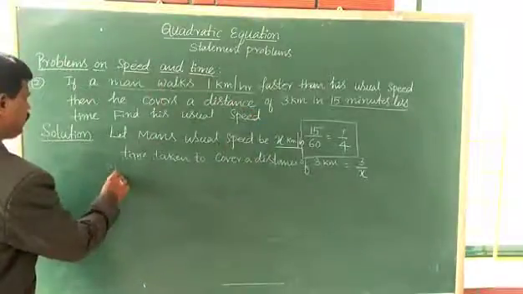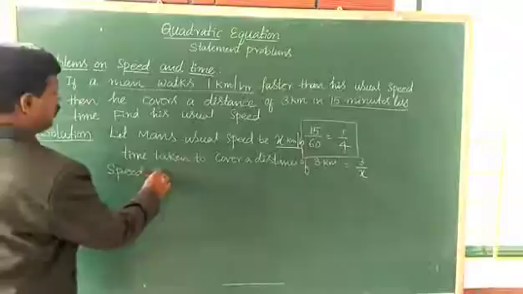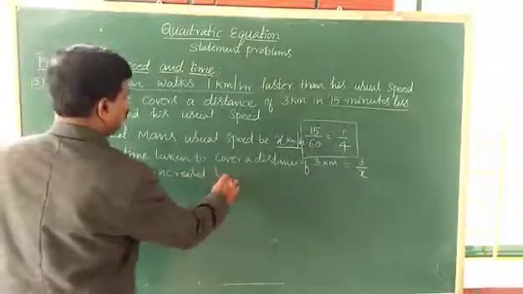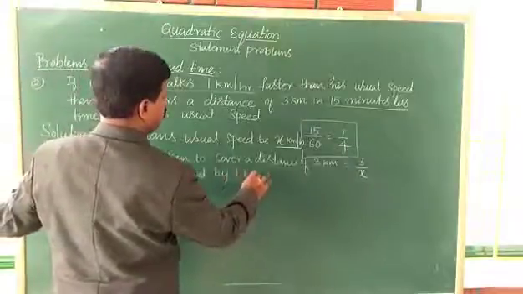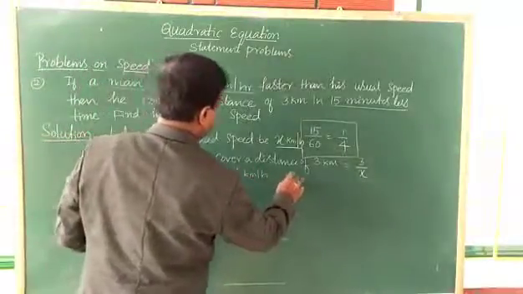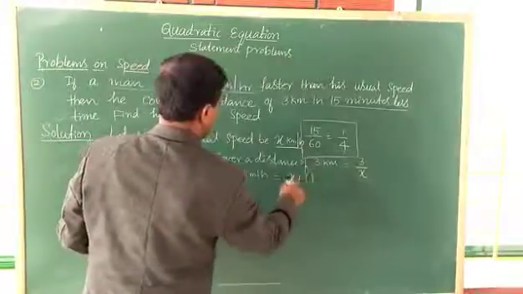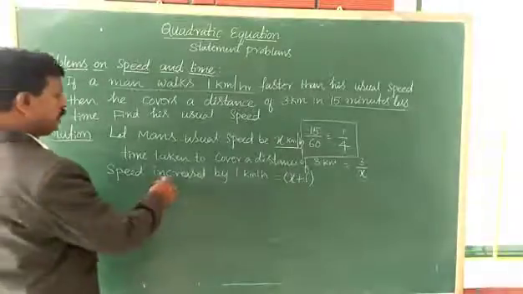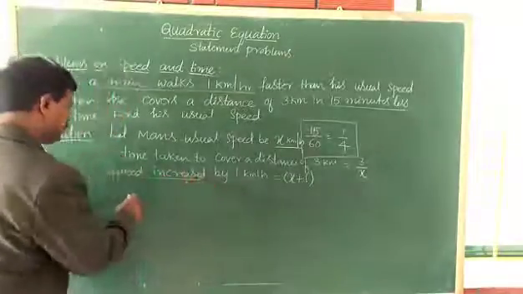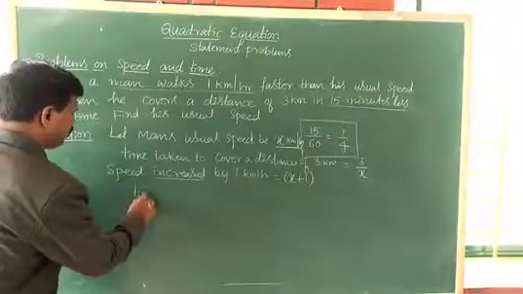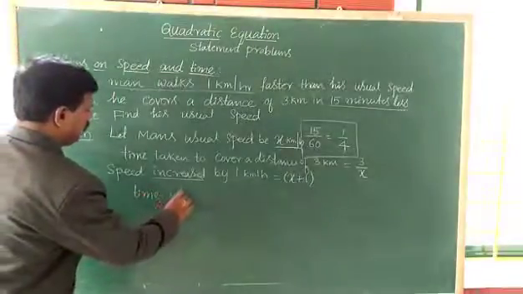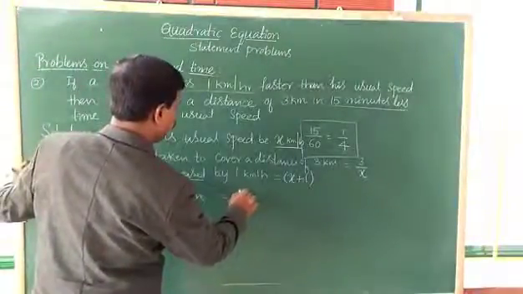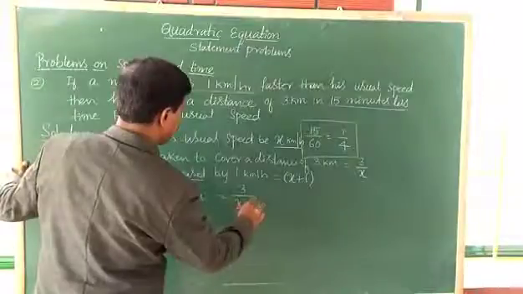Now speed increased. Speed increased by 1 kilometer per hour, that is x plus 1. This is the increased speed. Now for increased speed, time taken equals 3 by x plus 1.